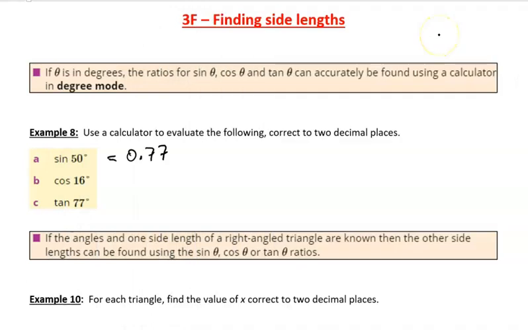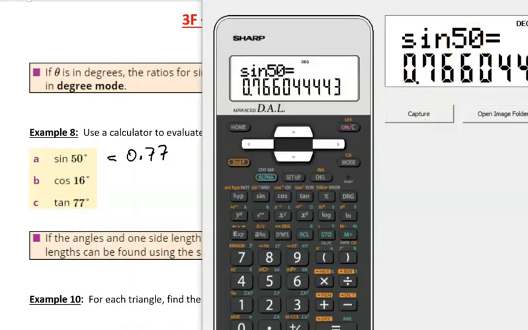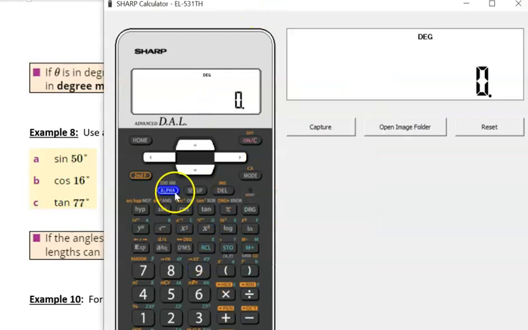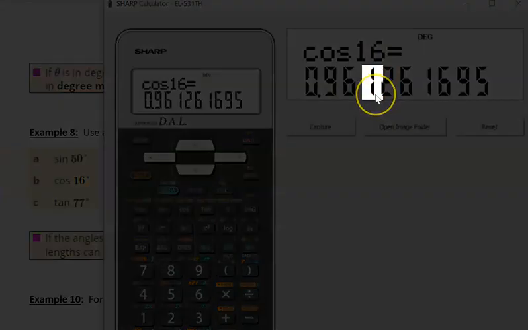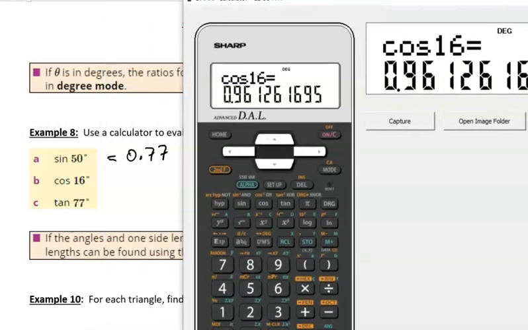And then we'll do the same thing with cosine. We'll clear. We want cosine 16, making sure we're in degrees. The cosine of 16 degrees is another big number. Again, we're told we have to round to 2 digits, 0.96, and the critical digit here is less than 5, so that's going to remain 0.96.